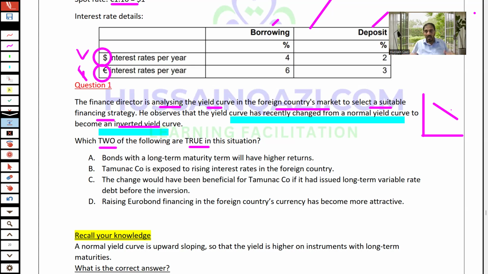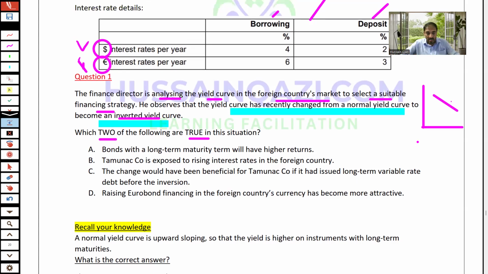These are the four points. Before selecting the answer, first of all, ask yourself, have you already revised? Have you already recalled the basic knowledge of the yield curve? A normal yield curve is upward sloping and the yield is higher on instruments with long-term maturities.